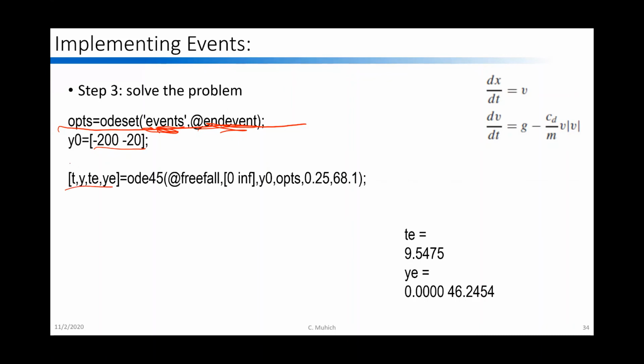Here we have my t, my y, and then I have these extra values, t end and y end, that are going to be the final values of x, y, and t.